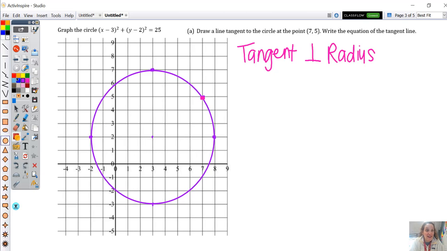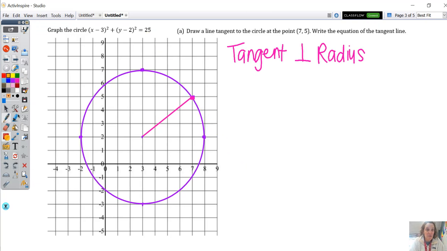So I'm going to connect that point that's on the edge of the circle to the center, and that is my radius. So my tangent line will then be perpendicular to that radius. So that's a little visualization, but I just kind of eyeballed that. So we're actually going to calculate it precisely.